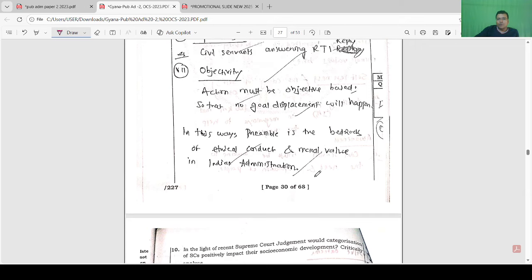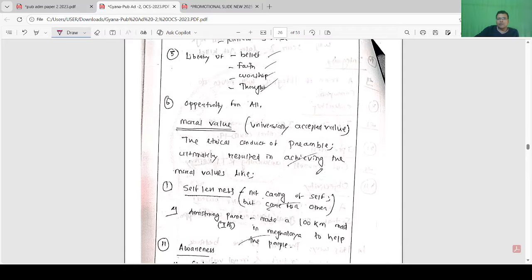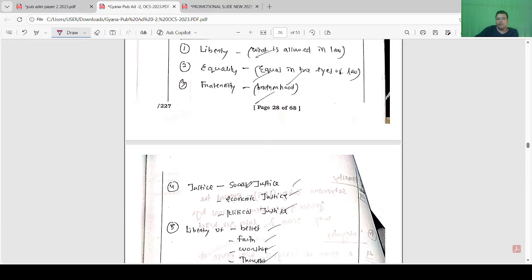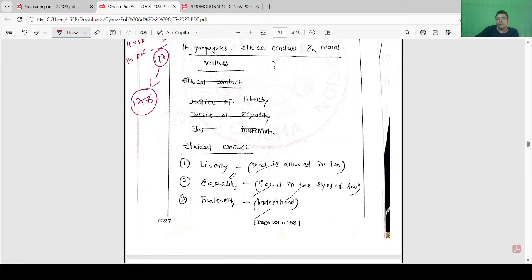Okay, so it was written, but how to improve it? Improve the introduction, and liberty, liberty of thought, expression. The constitution words: socialist, secular, democratic republic. Liberty, equality, justice, fraternity.